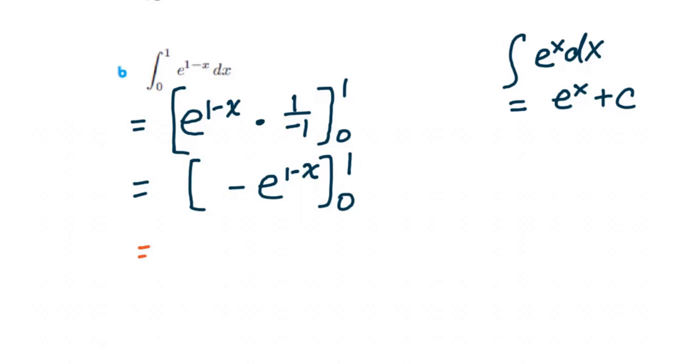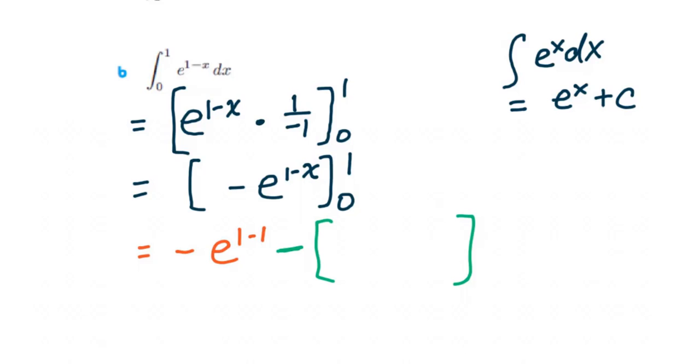Then we substitute 1 first. You will get negative e to the 1 minus 1. Then here minus bracket. We will substitute 0 for x.